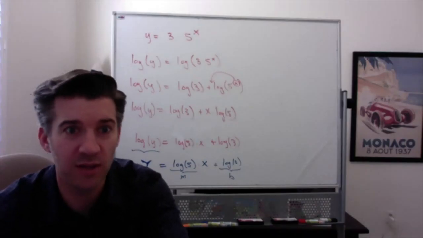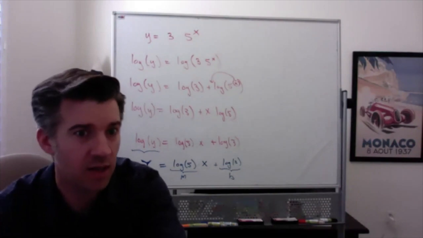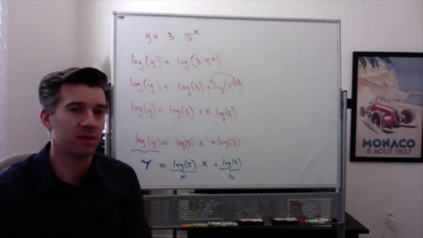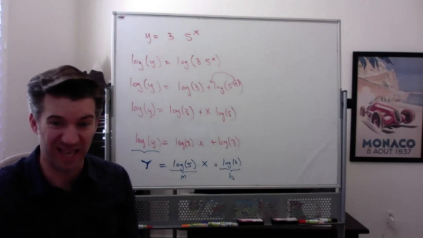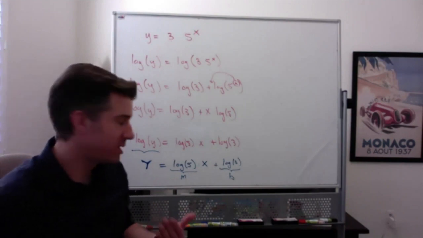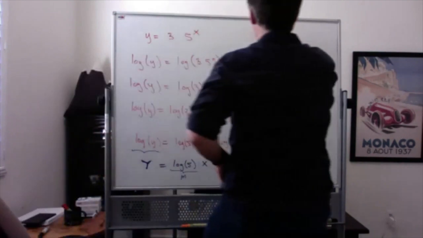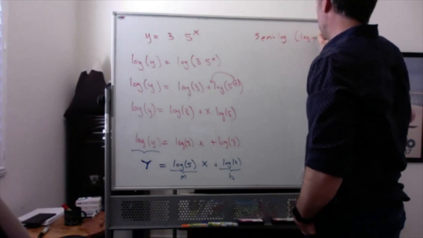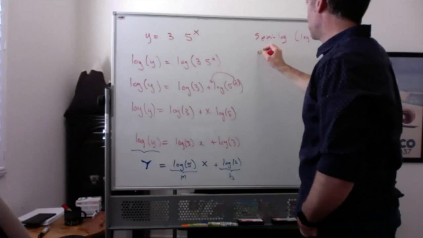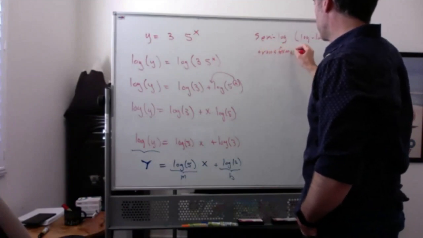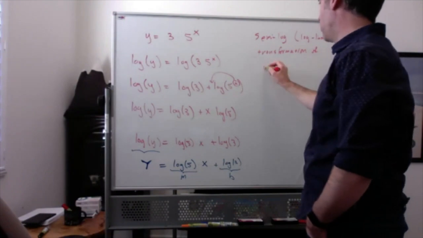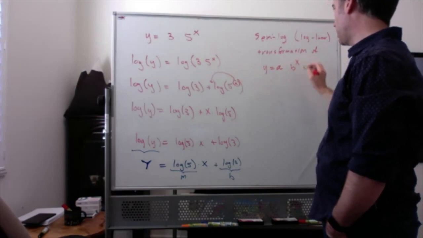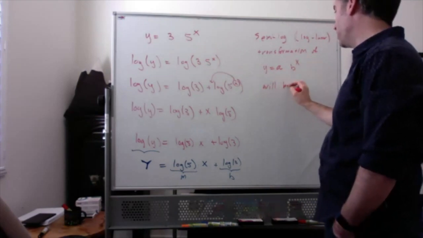So something to know, which will probably come up, is that when you have an exponential equation where y equals some number times some number to some power that is x, the semi-log graph, so this is a semi-log transformation, also known as log linear, of y equal to some a times b to the x will be linear.